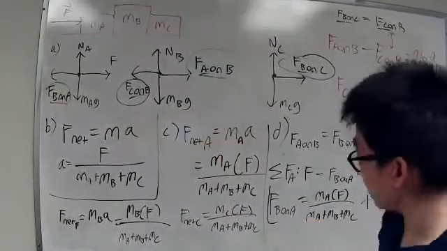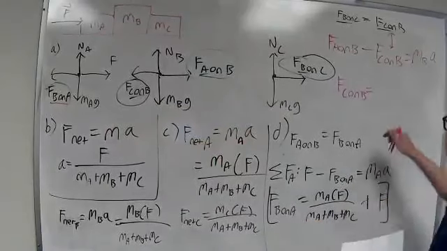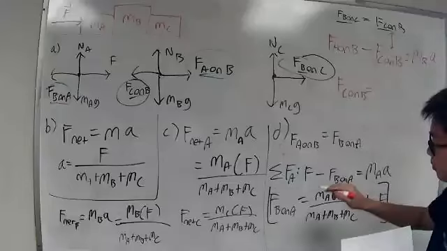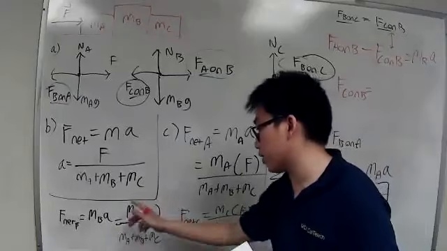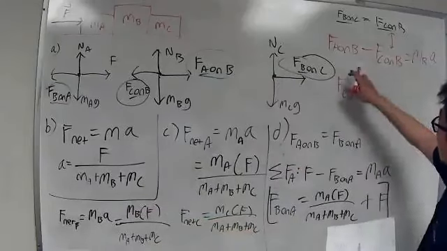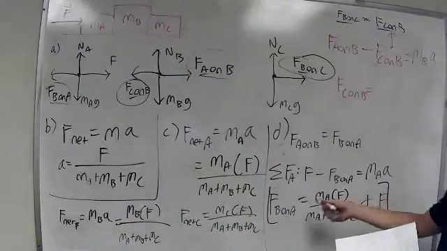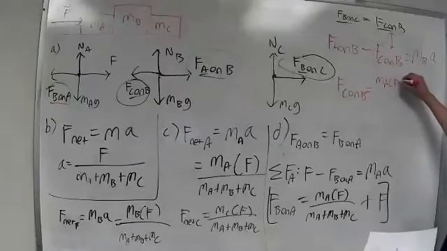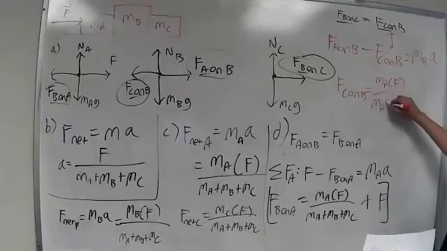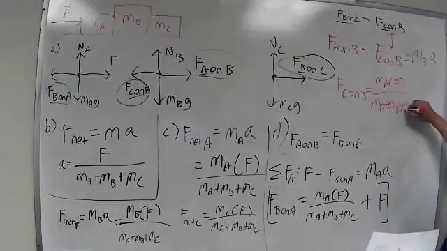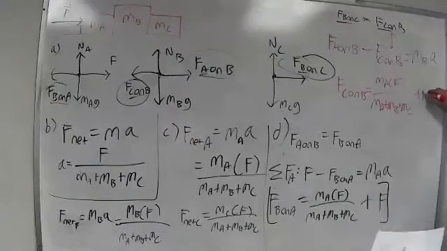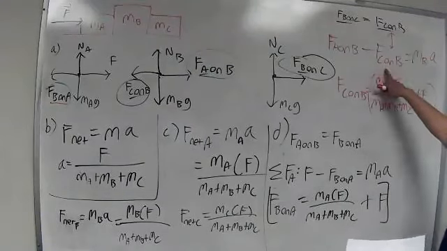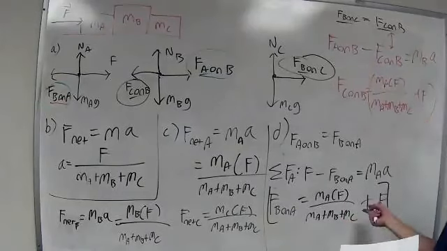So basically, this plus the F net here was your answer. So I isolate this. FA on B is the same as what we just solved for here. So I'll write that out real quick. Plus F. That's FA on B.